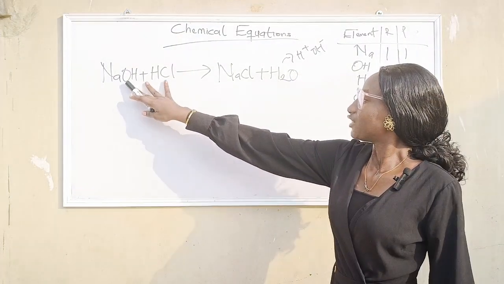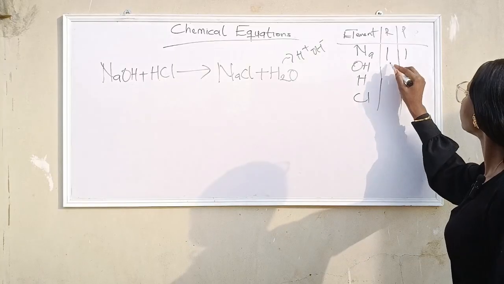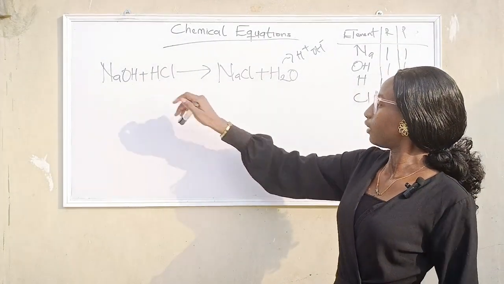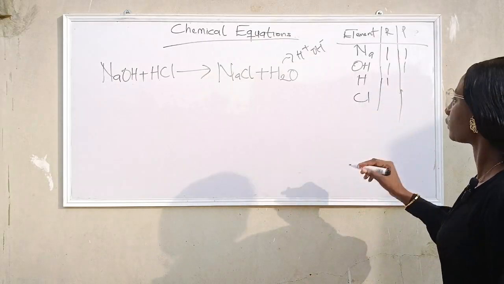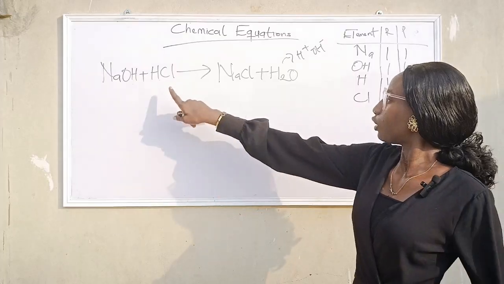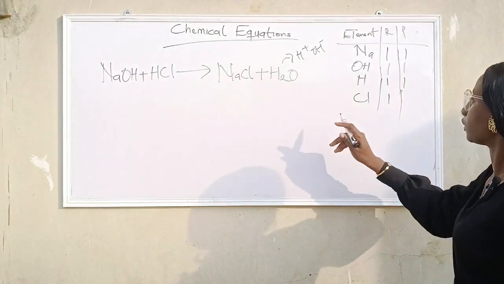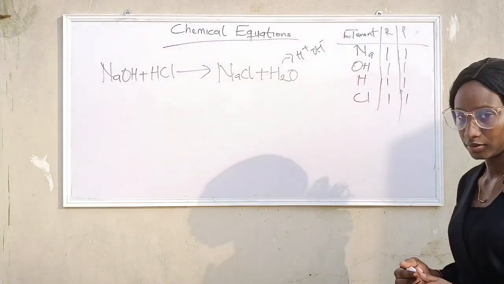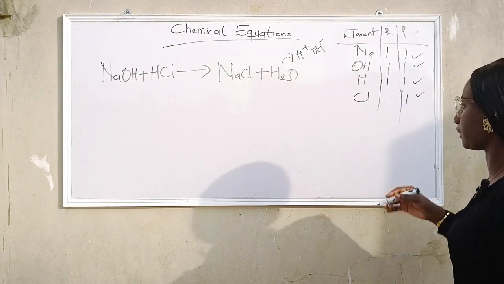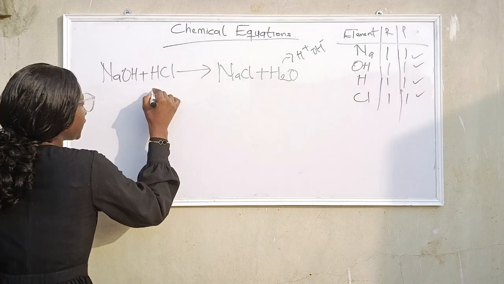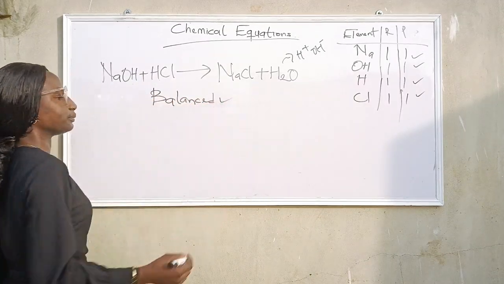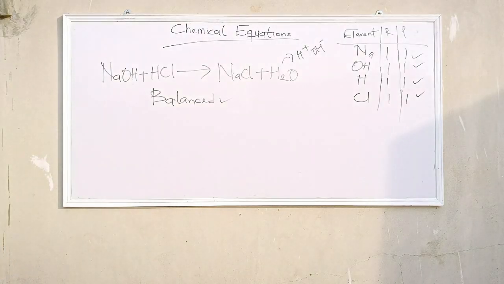So OH here we have 1, OH here we have 1, hydrogen here we have 1, hydrogen here we have 1, chlorine here we have 1, chlorine here we have 1. So all these are the same, so definitely this equation is balanced. We don't need to change the coefficient.